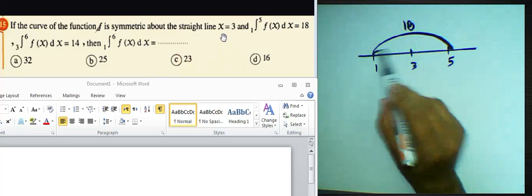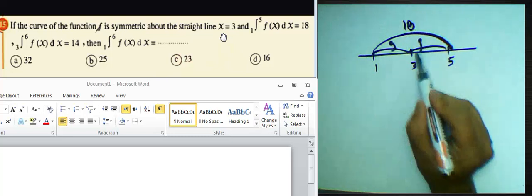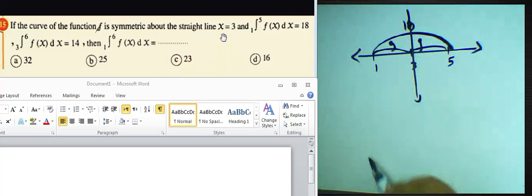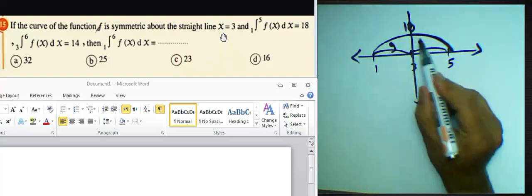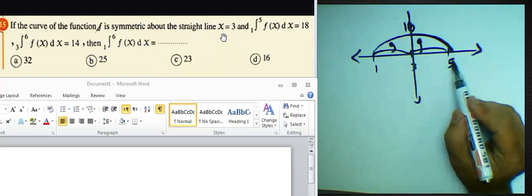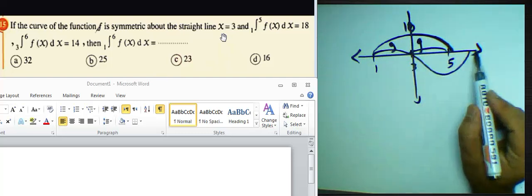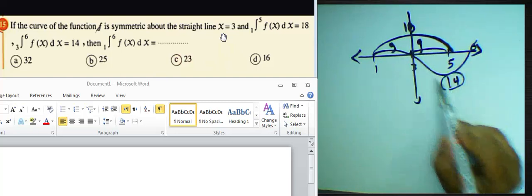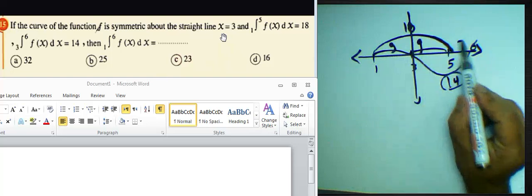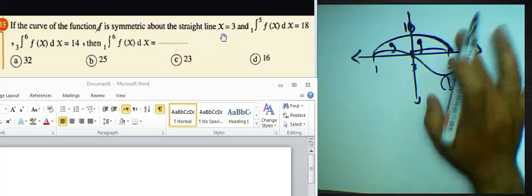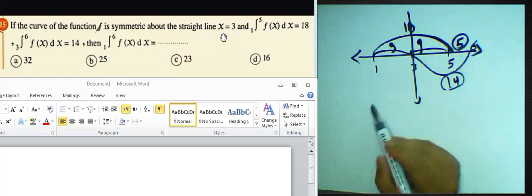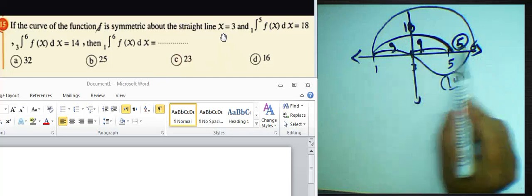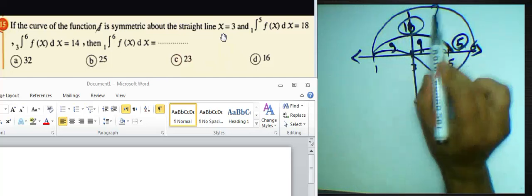We can distribute 18 here as 9 and 9, because it's symmetric about the straight line x equals 3. And the integration from 3 to 6 equals 14, which is 9 plus 5. So the integration from 1 to 6 will be 9 plus 9 plus 5, 18 plus 5 equals 23.